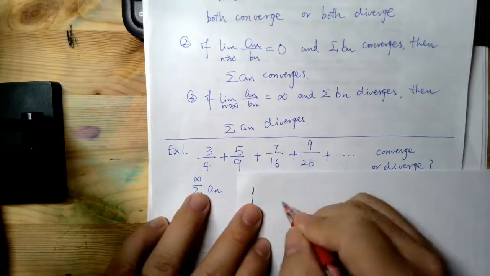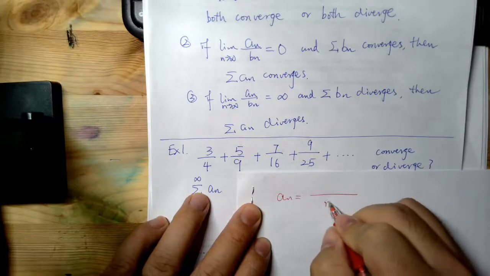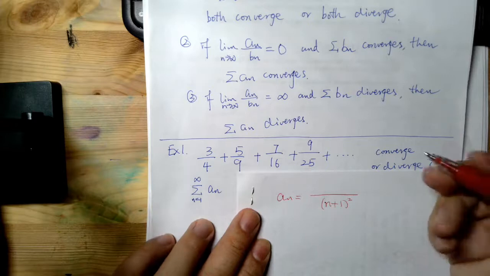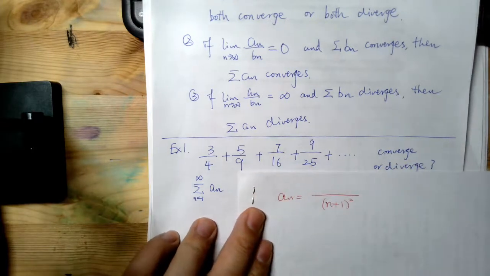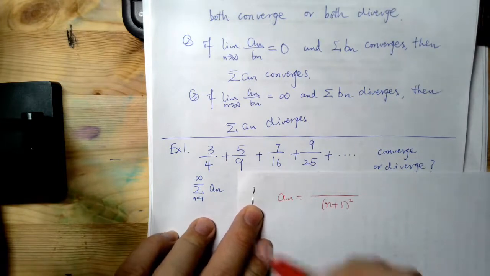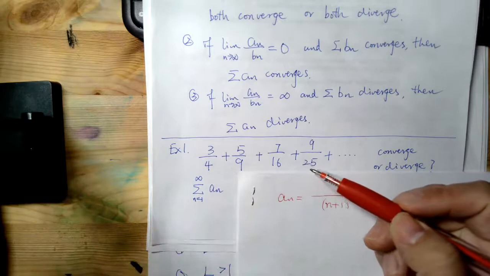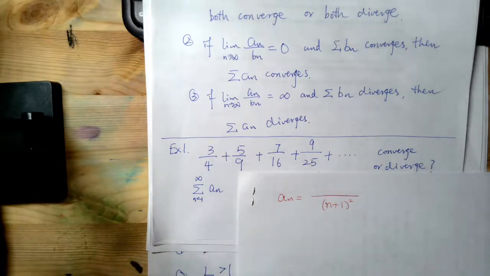So for this a_n, we know that the denominator is going to be (n plus 1) squared. And on the numerator, it's 3, 5, 7, 9. As you can see, it's all odd numbers.